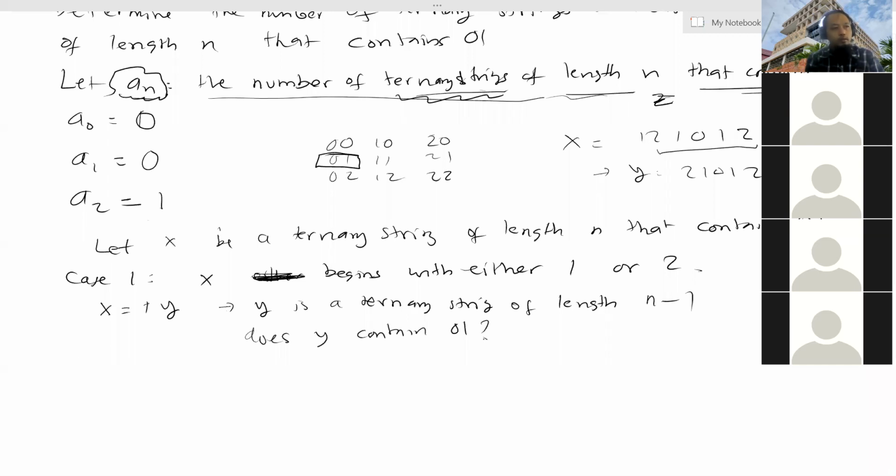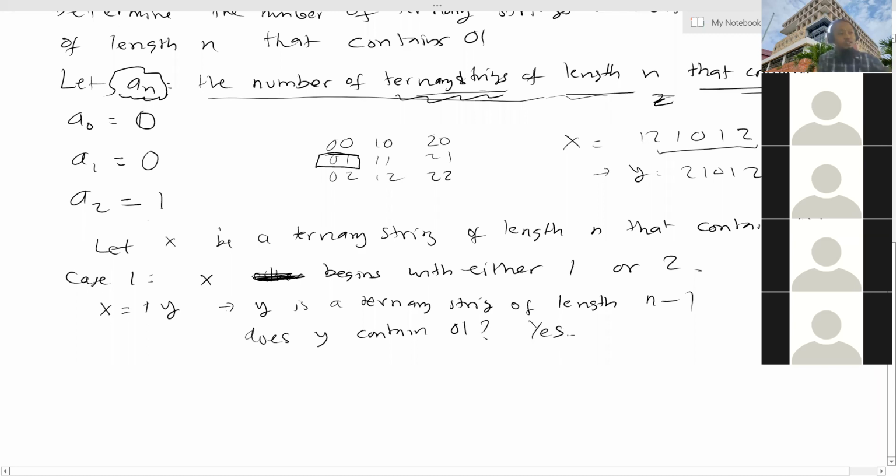What do you think? Does y contain 01? Yes, I think. Yes, Nafis, thank you. Why do you guess that y contains 01? Because I think from a ternary string with length n, it must be at least one that contains 01.